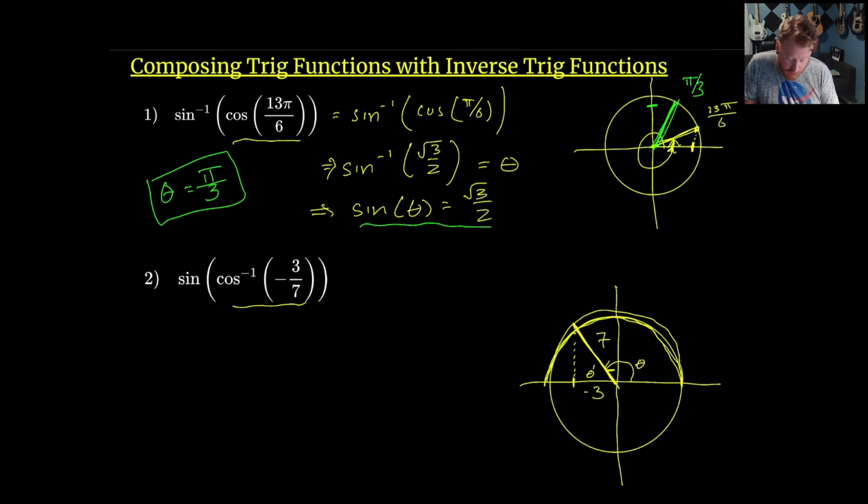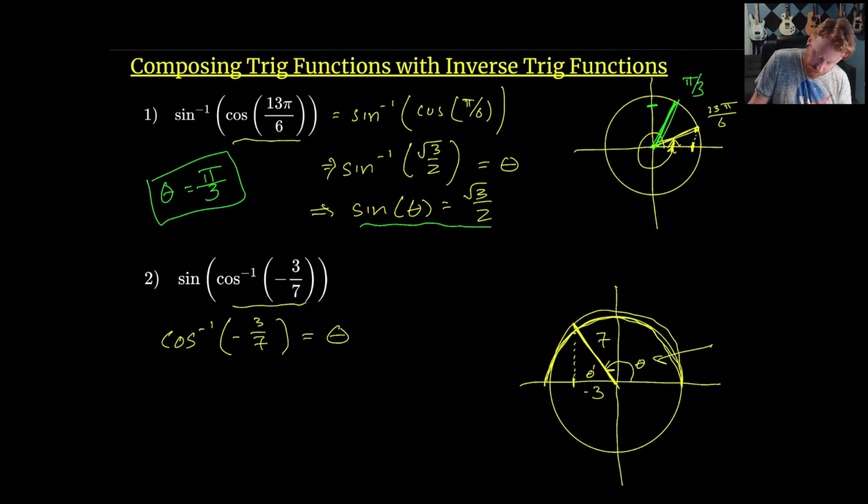The cosine inverse is what we are looking for. So remember that cosine inverse of -3 over 7 should just be giving us some angle here. And so this is the angle theta that I've drawn in over here. This is just a nice relationship to help get us where we want to go.